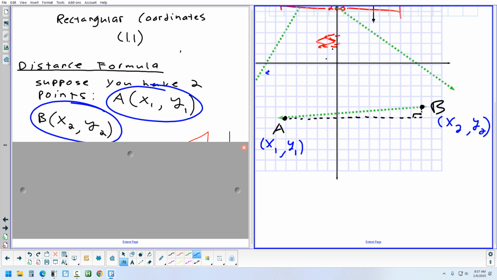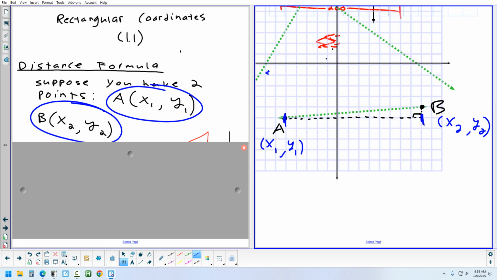If you wanted to find the length of the black dotted line, that horizontal, you would only need to use part of each coordinate. Which part of the coordinate would you use? X. You would use the x's. So if you have an x value here, and another x value over here, and you want to find the change between the two, the distance, what operation would you use in math? Subtraction.